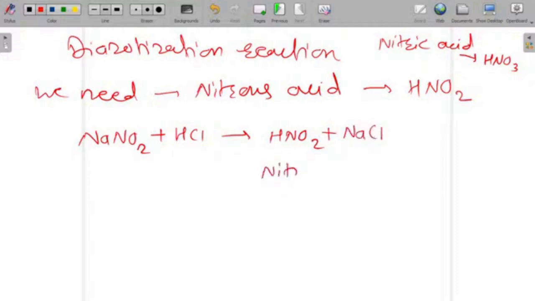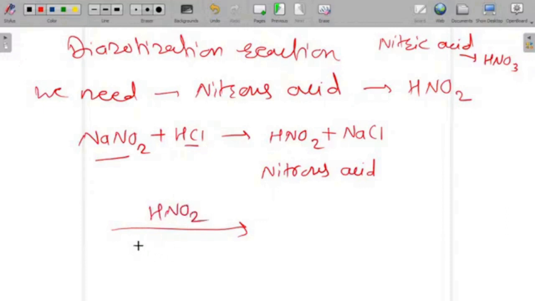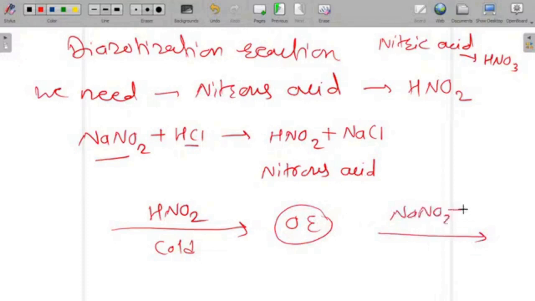This is your nitrous acid. This is your sodium nitrite and this is hydrochloric acid. They form nitrous acid. In some reaction conditions, the reagent is given as HNO2 directly at cold condition, or in some reactions it is given as NaNO2 plus HCl at cold condition.